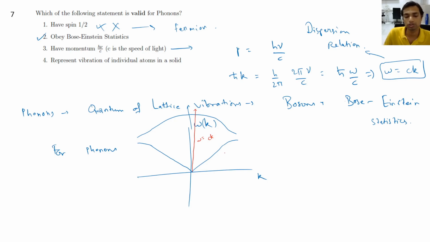This mode is called the acoustic mode, and the two never intersect each other. This is an exaggeration, but it is so steep that it is almost coinciding with the y-axis line. So this dispersion relation is that of light, and that is why the statement that phonons have the momentum h nu over c is wrong.